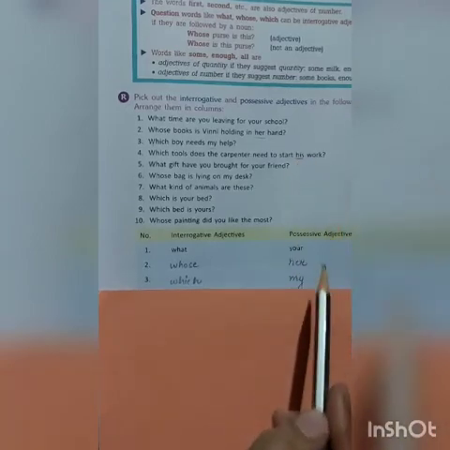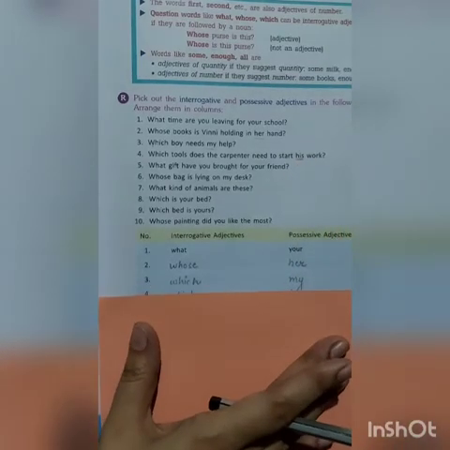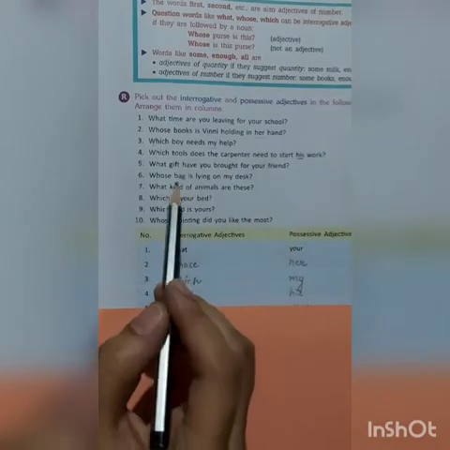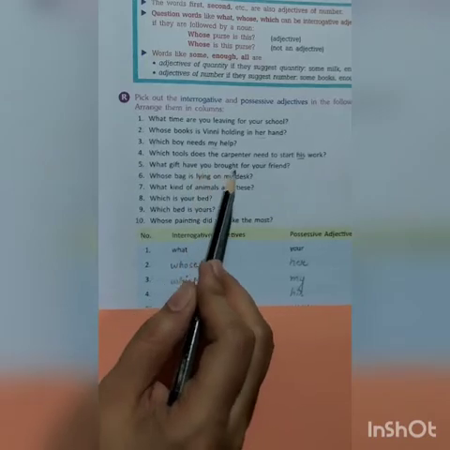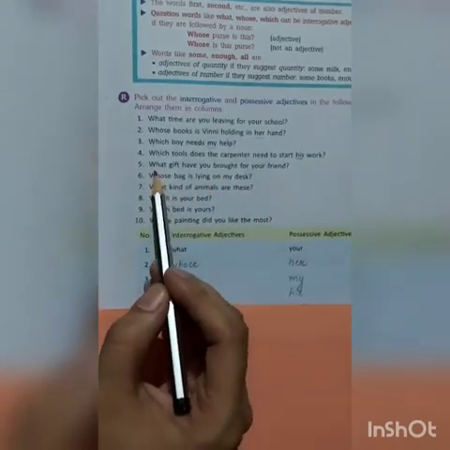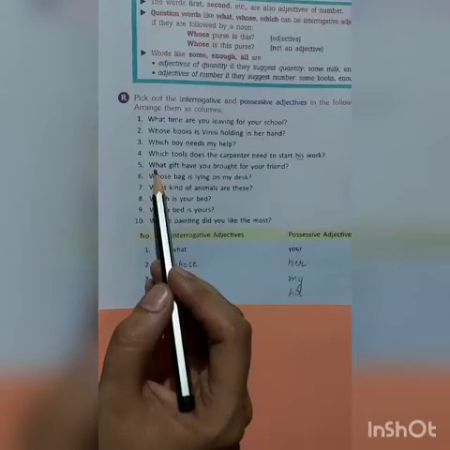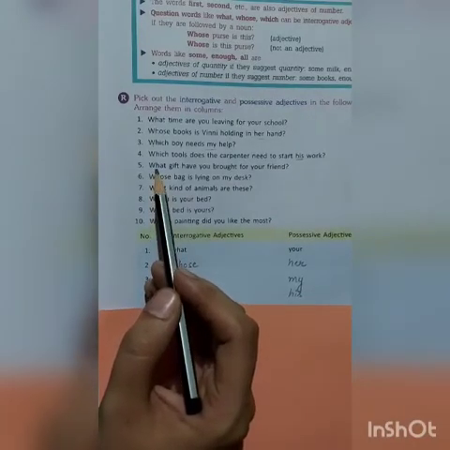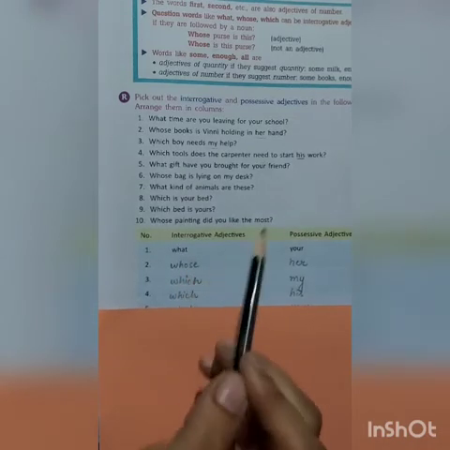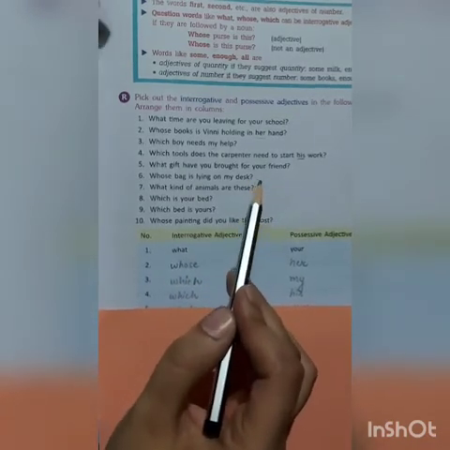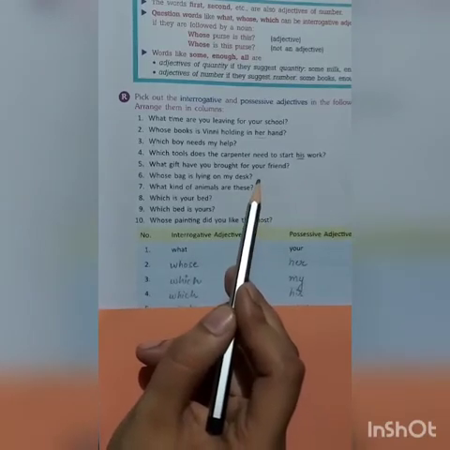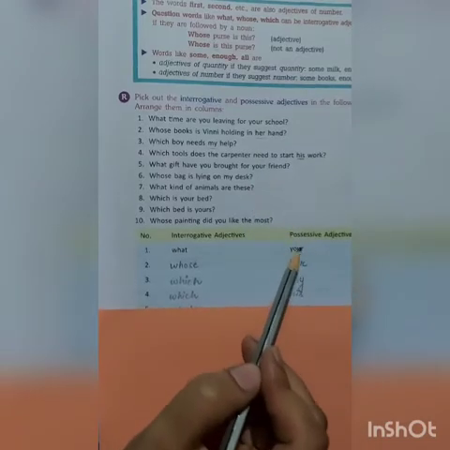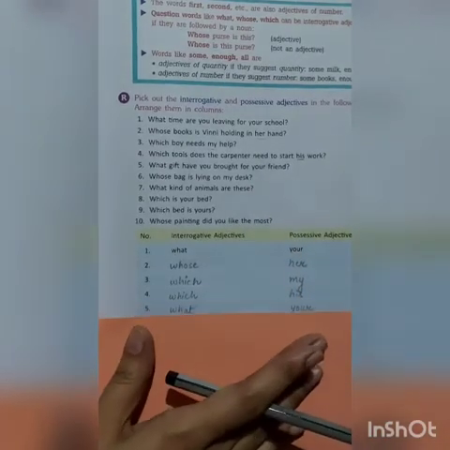So, his will be the possessive adjective in this sentence. Next, what gift have you brought for your friend? What gift? Now think. What will be what? Interrogative adjective. And whose friend? Your, right? So your will be possessive adjective.